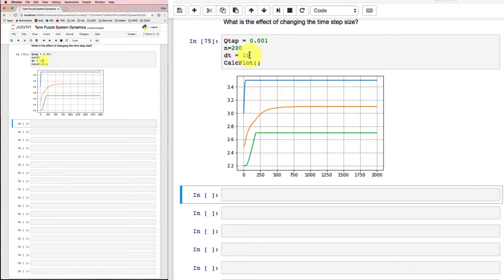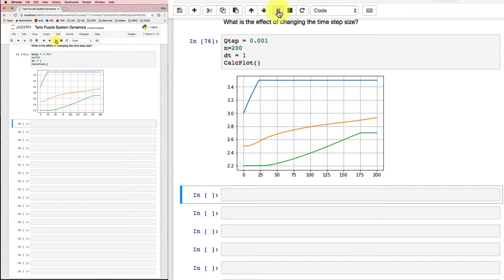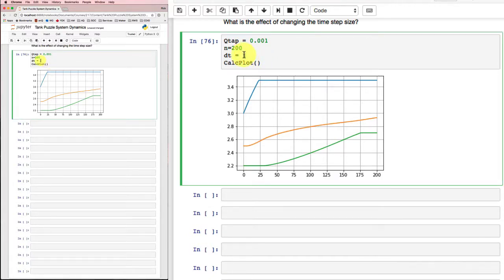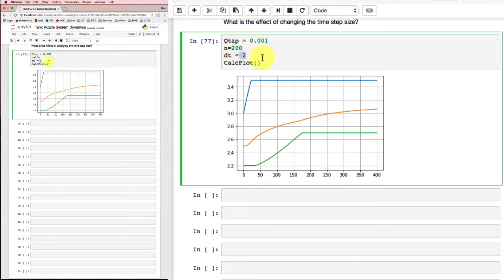Now we've got a time step here of 10 seconds, and it seems to work. Let's check our time step and see what happens if we take a shorter time step. It just stretches out the behavior a little longer so we can see it in more detail. So let's go to 2. And it doesn't look like the behavior is that much different with different time steps. Let's go to 100.